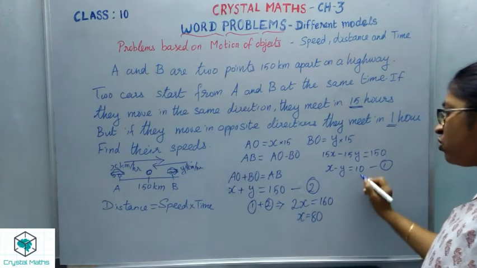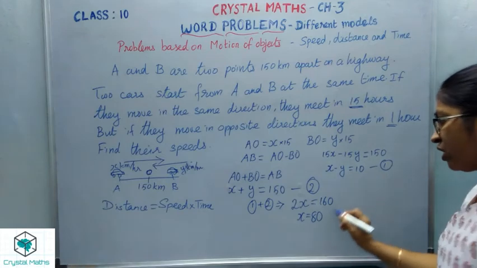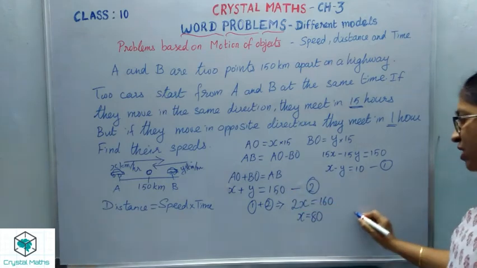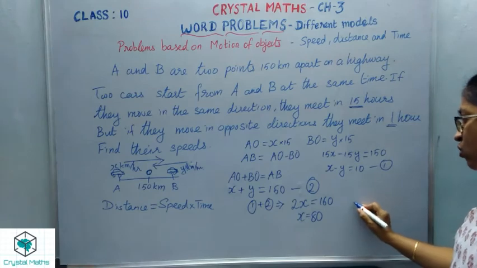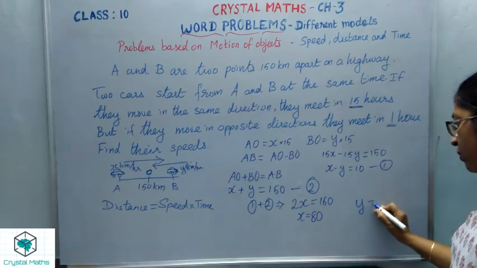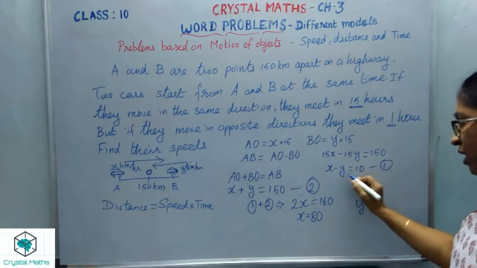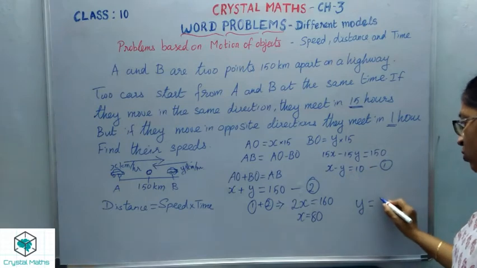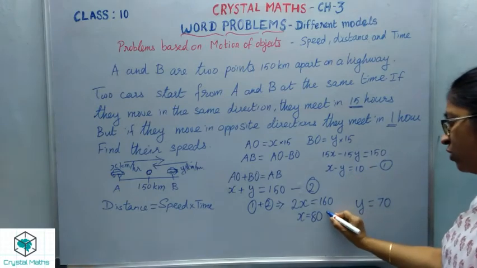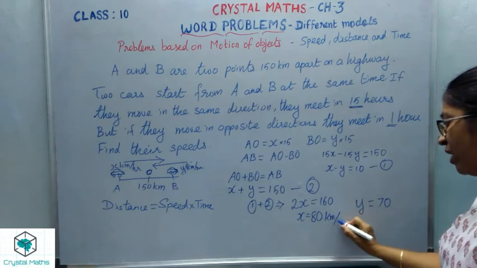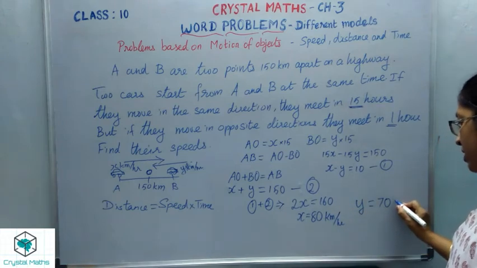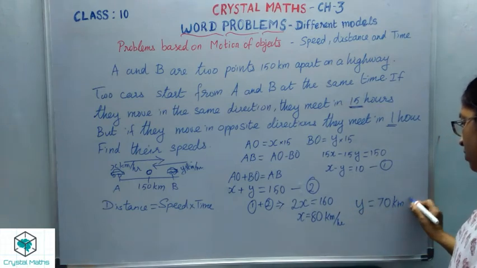Substituting in any one equation, we get y. Using x minus y equals 10, y is 70. So x is 80 kilometers per hour and y is 70 kilometers per hour.